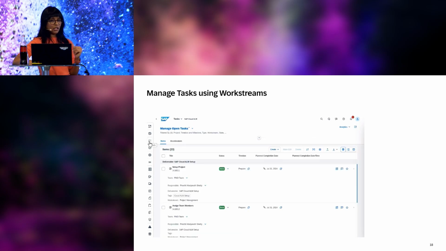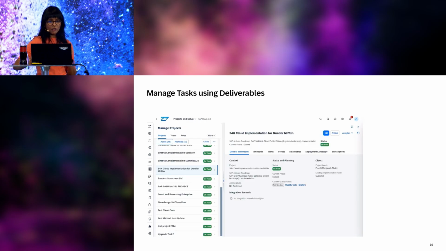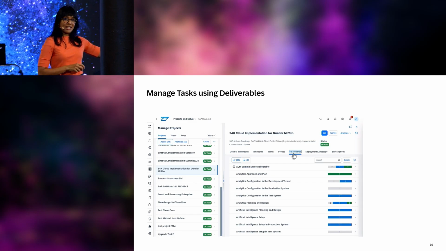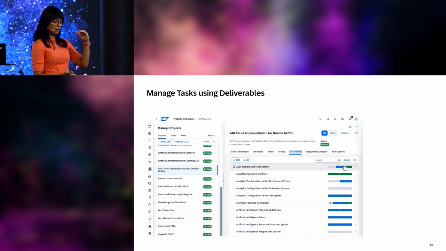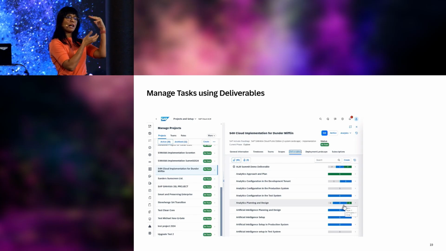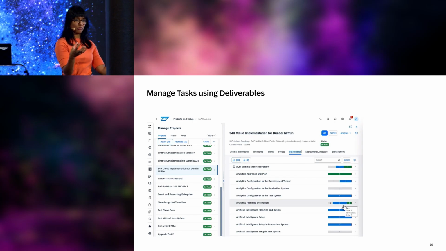So another way of segregating the tasks is using deliverables. And as we saw already from the roadmap, we get the tasks grouped under deliverables, which means when I complete this set of tasks, I would get this output out of the task.